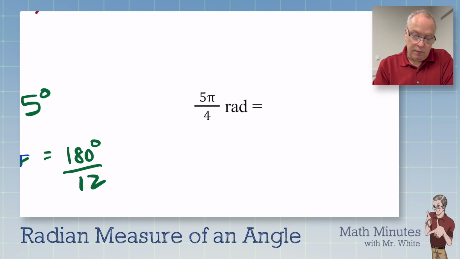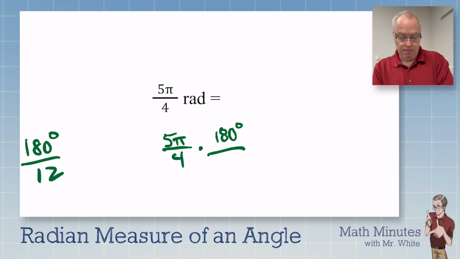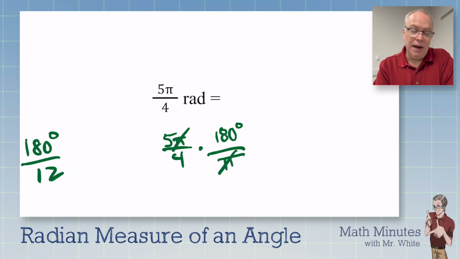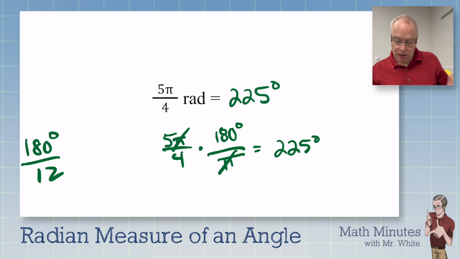All right, moving over here to 5 pi over 4. I'm going to multiply by 180 over pi. The pi's cancel, the unit radians cancel, and I get 225 degrees.